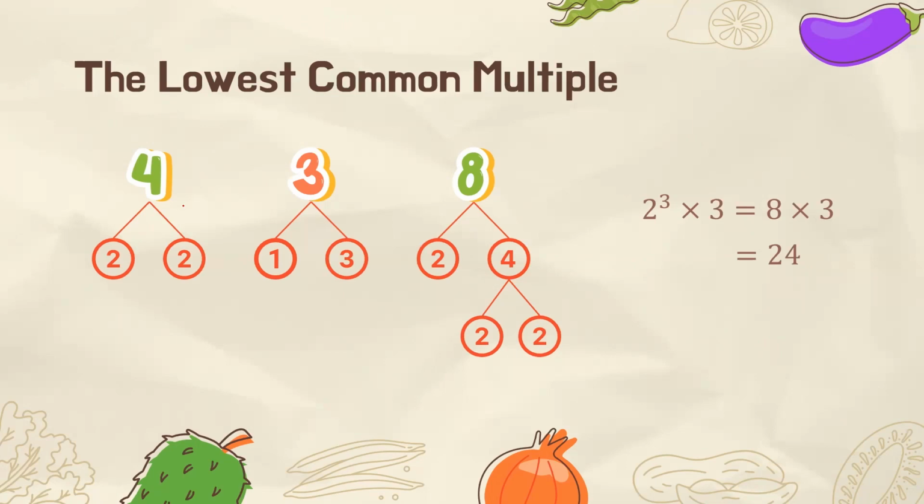To determine the lowest common multiple, we will multiply the number 2 with the highest power, which is 2 to the power of 3, by 3. So, 2 to the power of 3 times 3 equals 24. And then, we have the lowest common multiple of 4, 3, and 8 is 24. Then we can multiply the initial fraction form so that it has the same denominator of 24.